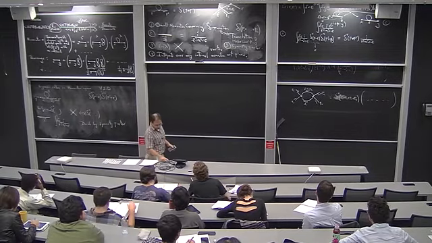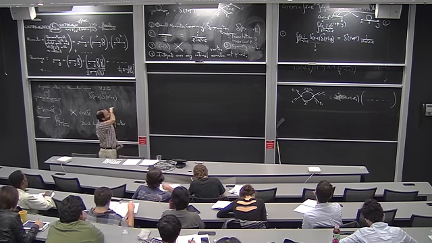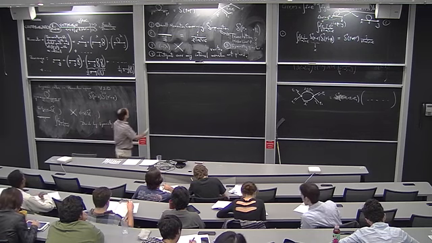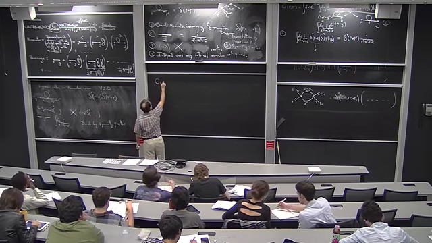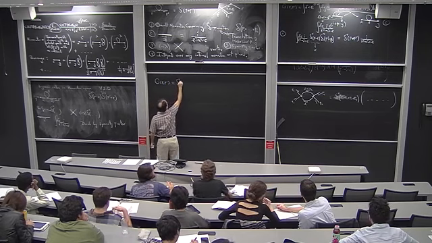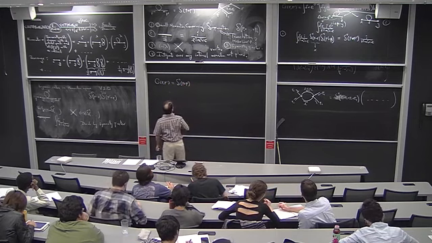Very good. So let's move on and let's do a little calculation. Well, it's not a calculation, really. It's just an observation about our object G(P, P'). As we know, this object contains this delta function.